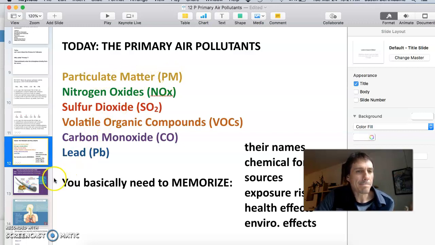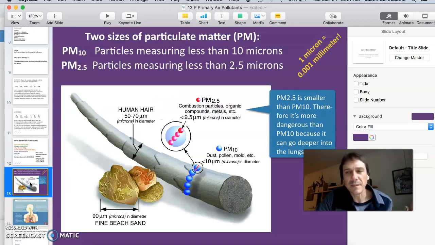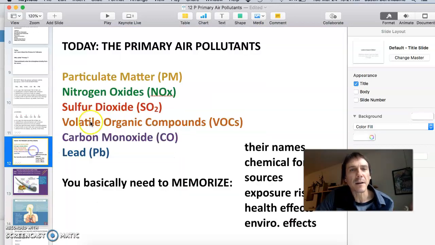So I just want to distinguish particulate matter from the others, because if I go back, if you look, these are all gases, 4 of these, right? Volatile organic compounds, carbon monoxide, sulfur dioxide, nitrogen oxide. Particulate matter is not a gas, okay?